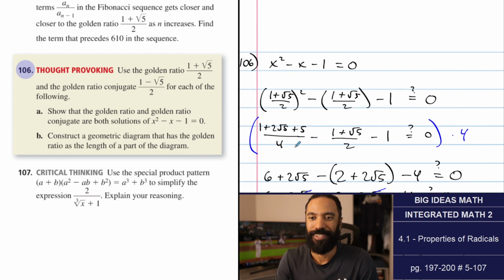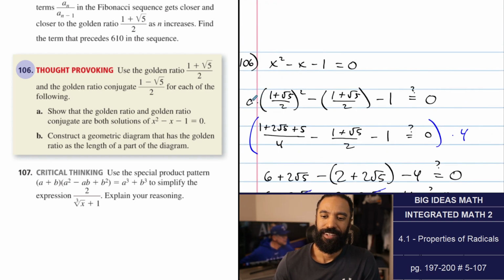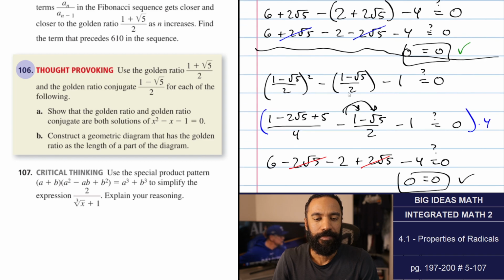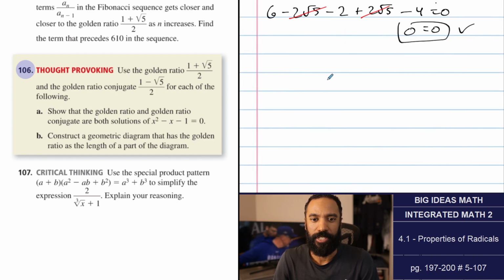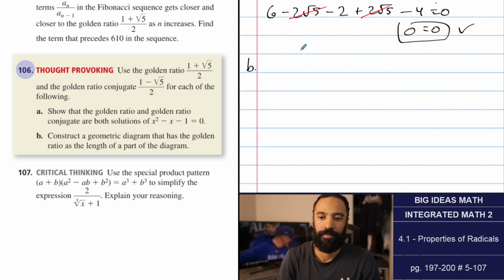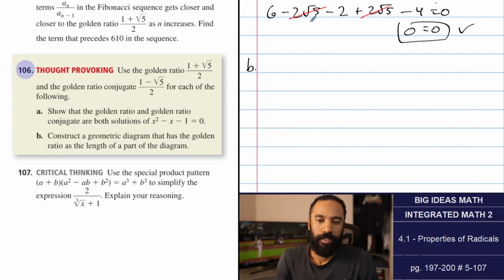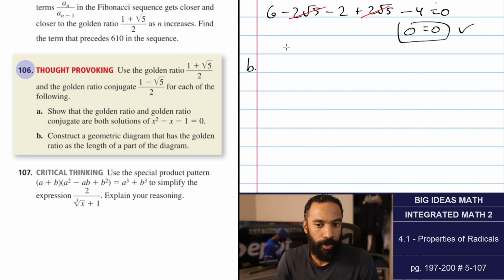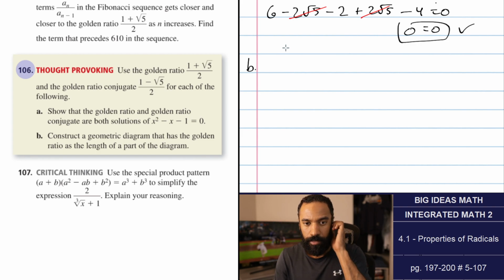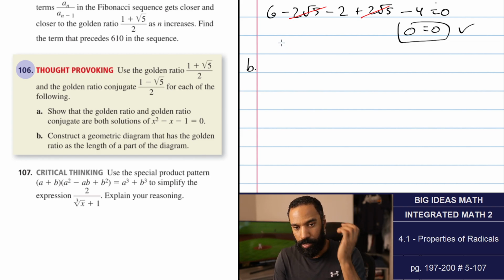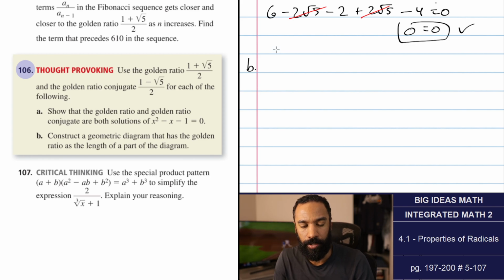Okay. That was part A. Part B. Construct a geometric diagram that has the golden ratio as the length of part of that diagram. If they're talking about what I was showing you before, construct a geometric diagram that has the golden ratio as the length.